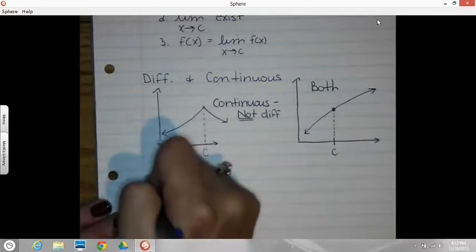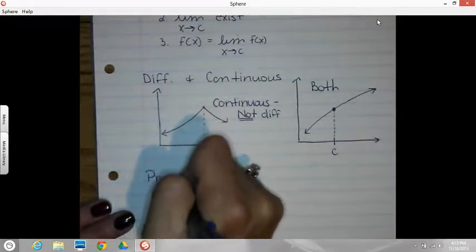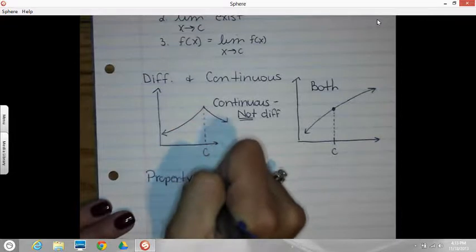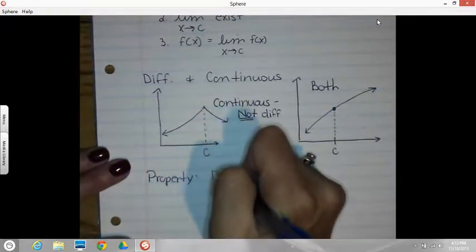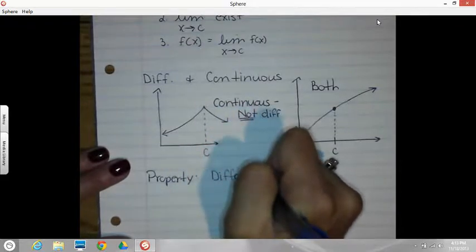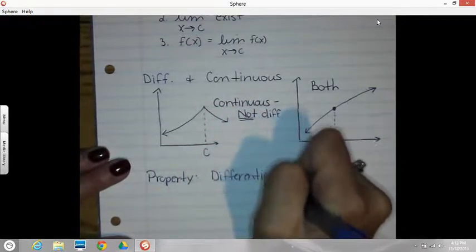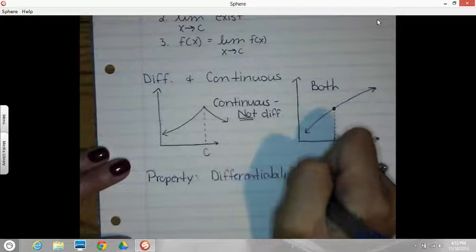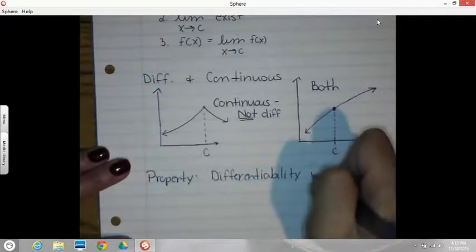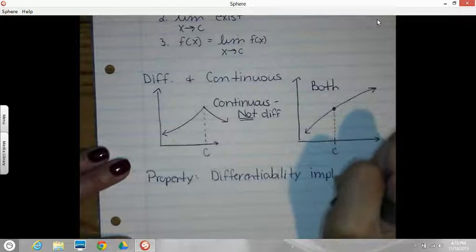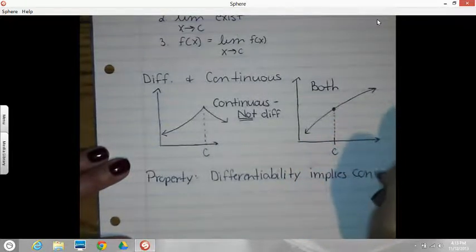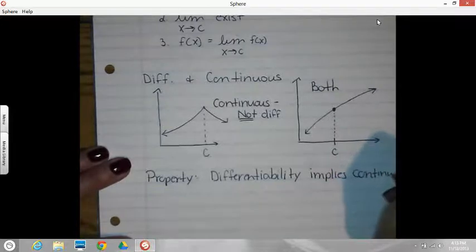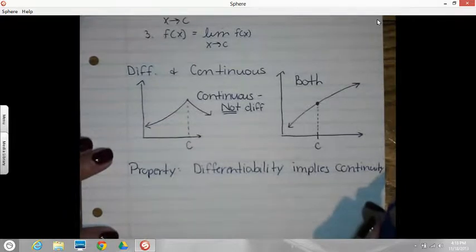This property says differentiability, nice word, differentiability implies continuity.